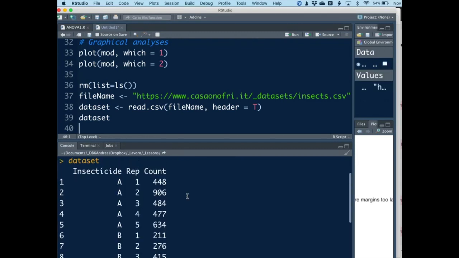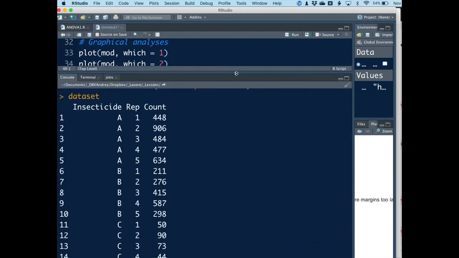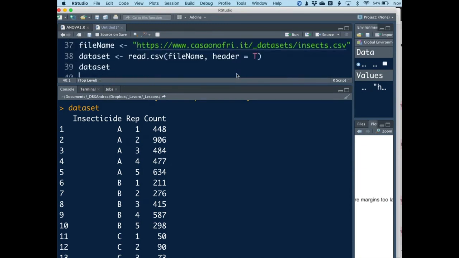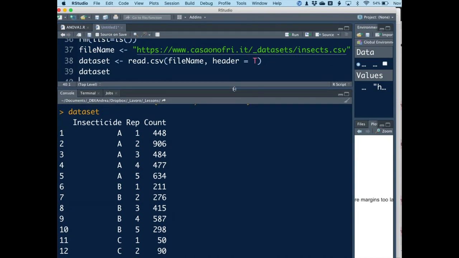And look at this data set. And I'd like to ask you, please tell me when you have finished loading this file, and then I will explain to you what it is about.